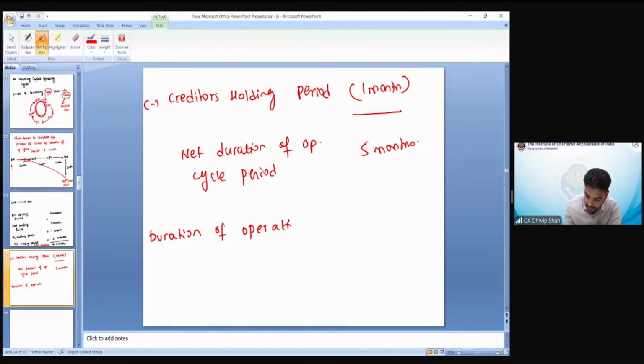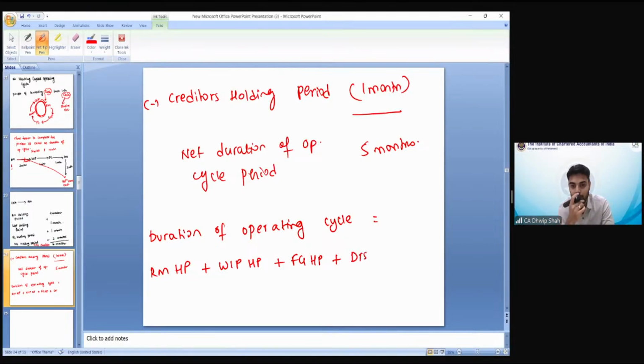Duration of operating cycle is nothing but equal to RM holding period plus WIP holding period plus FG holding period plus debtors holding period, or you can say average collection period, less creditors holding period, or you can say average payment period. So this is the formula to calculate net duration of operating cycle.